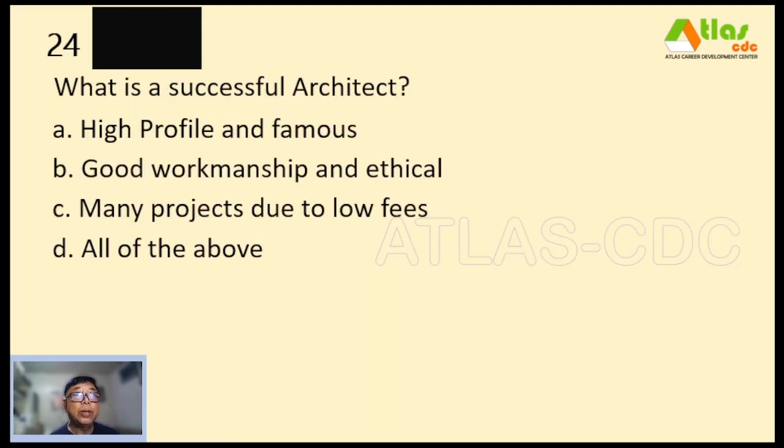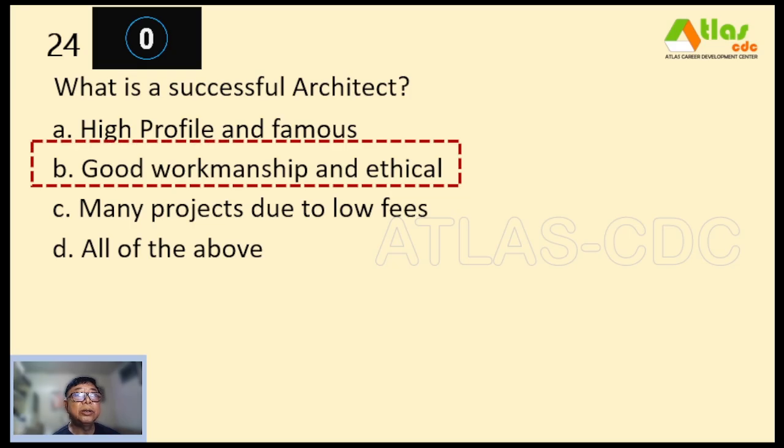So 24. What is a successful architect? A. High profile and famous. B. Good workmanship and ethical. C. Many projects due to low fees, and D. All of the above. And our correct answer is letter B, good workmanship and ethical.